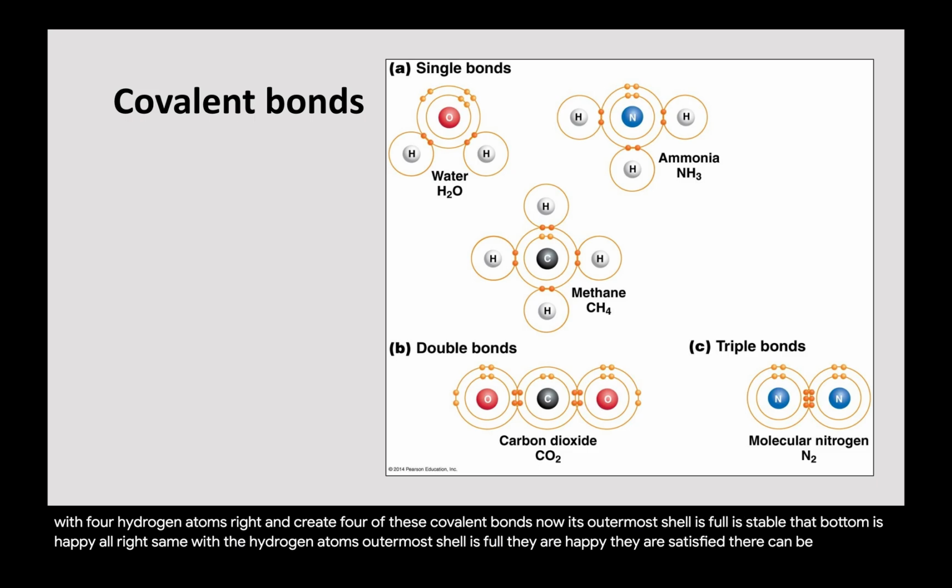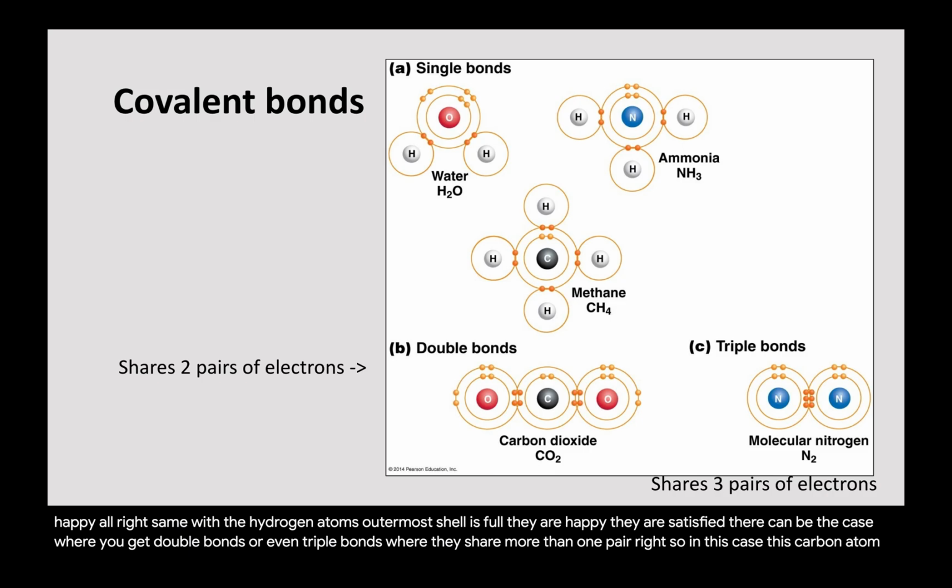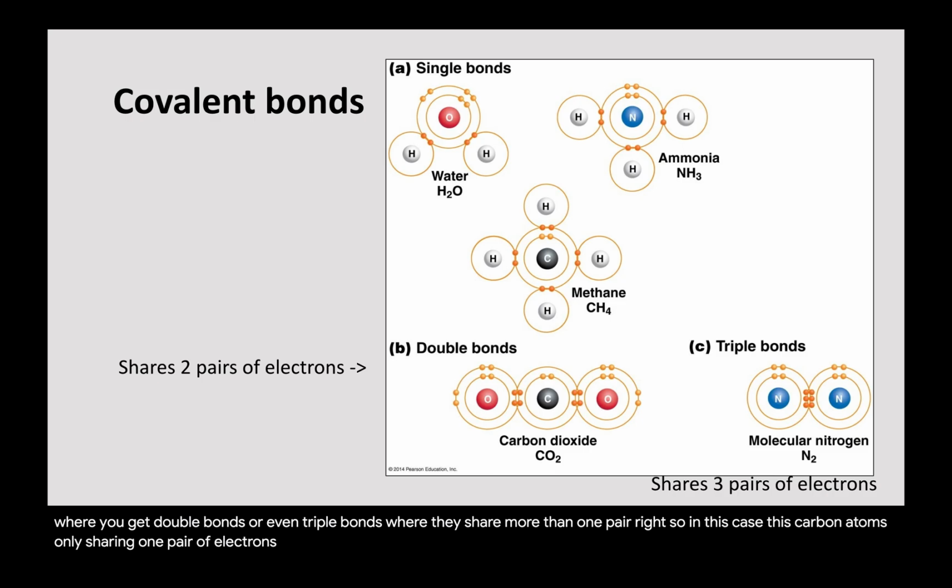There can be the case where you get double bonds or even triple bonds where they share more than 1 pair, right? So in this case, this carbon atom is only sharing 1 pair of electrons with this hydrogen. In a double bond, this carbon atom is sharing 2 pairs with this oxygen here, and 2 pairs with this oxygen on this side.